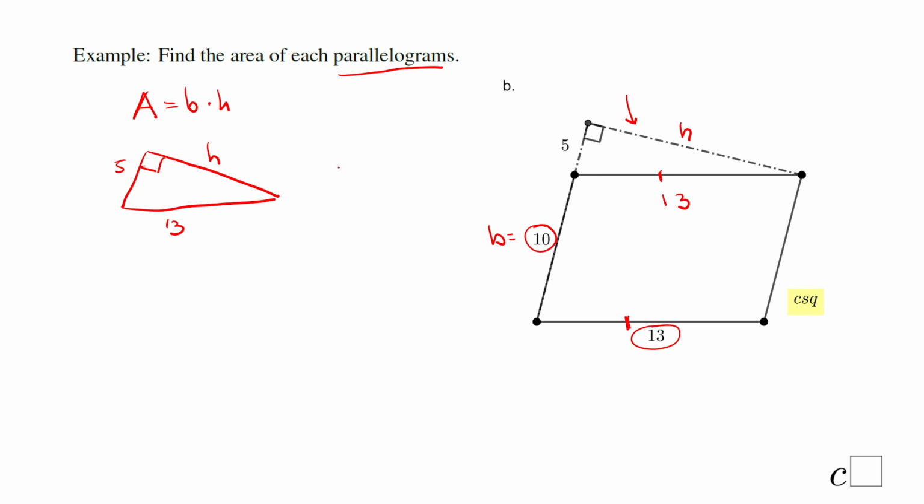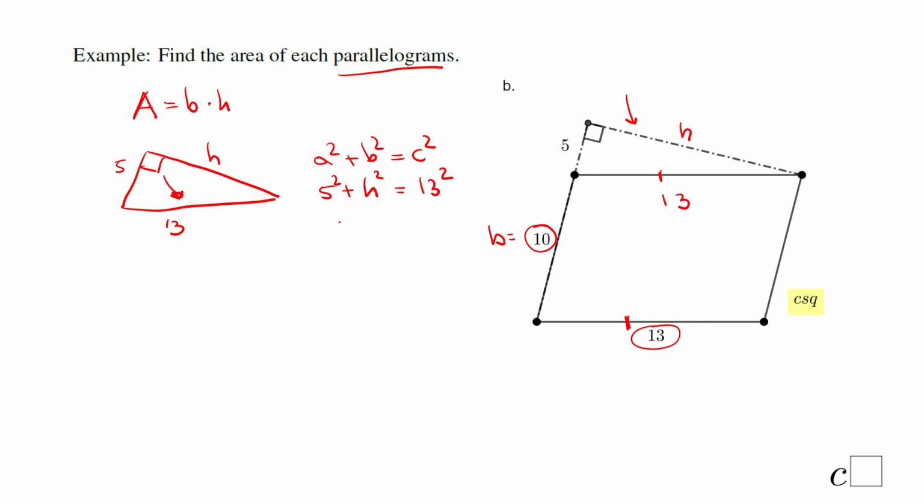And what do we need? What can we use to find that h? We can use the Pythagorean theorem: a squared plus b squared equals c squared. We're going to plug the numbers in, and a is that 5, b is the h. You can switch these two, no problem, but c is the hypotenuse, the longest side in this right triangle, on the other side of the 90 degrees.